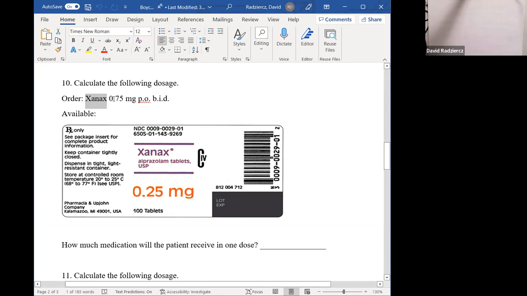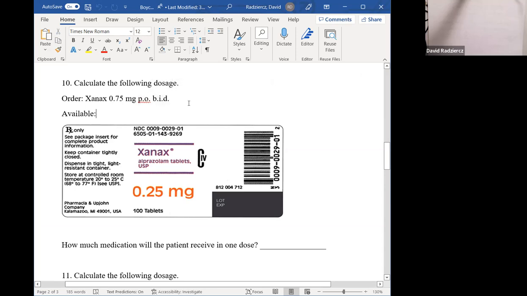Then the next thing is the number for the order, so 0.75 milligrams. And then it'll tell you how it's administered. So PO means per oral or by mouth, and BID means twice a day.